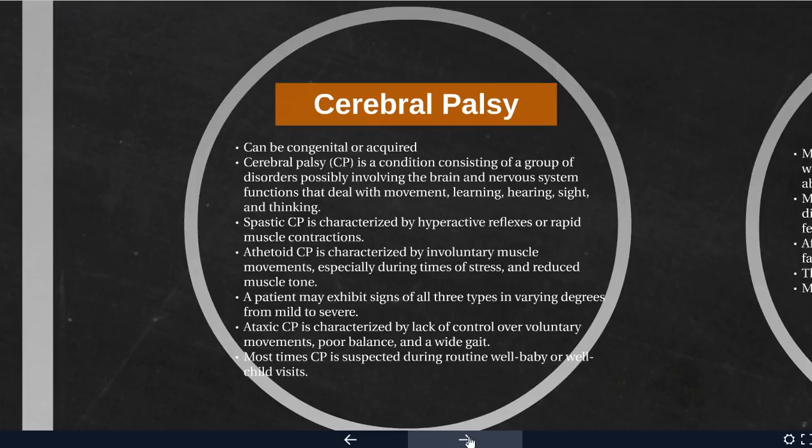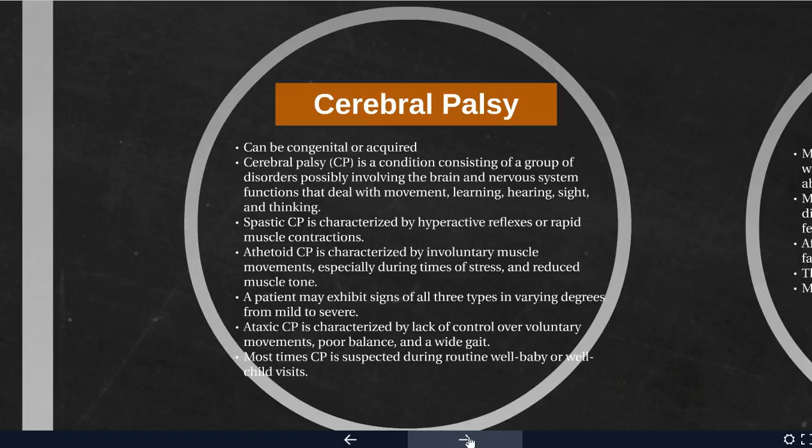Athetoid CP is characterized by involuntary muscle movements, especially during times of stress, and reduced muscle tone. And then a patient may exhibit all three types in varying degrees from mild to severe. So be aware of that. They may have all three types of CP symptoms in one degree or another during different life situations.